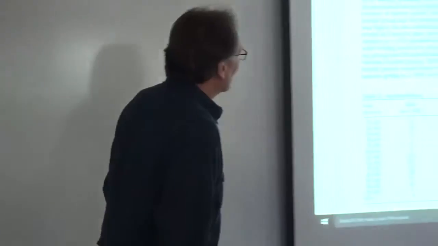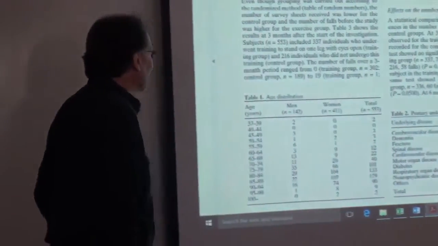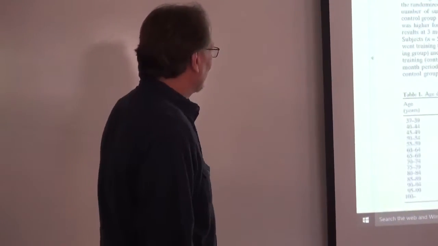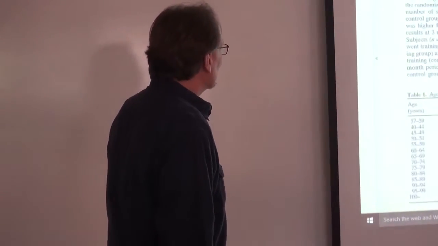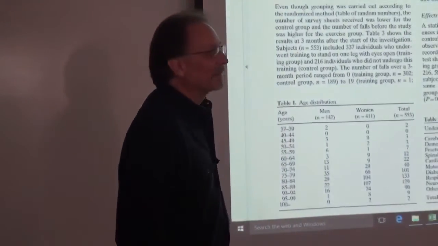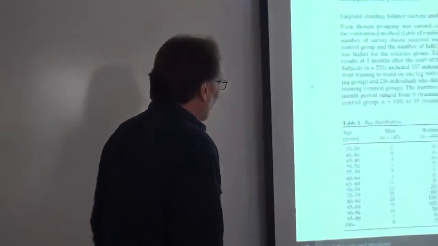The things that they looked at and were interested in were, first of all, gender. They wanted to see what their gender and age distribution looked like. What I found interesting is how young some of the people were that they located in some of the facilities they went to, and also how old some of them were.